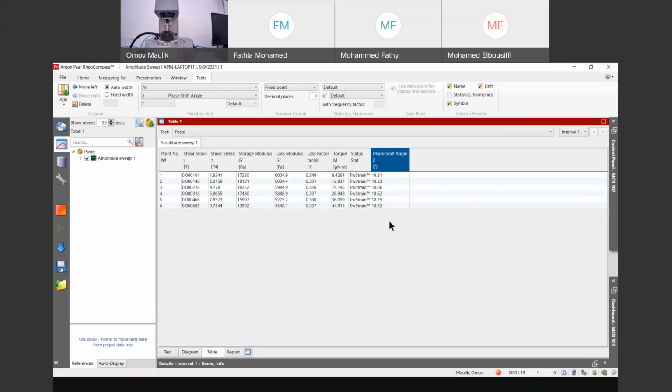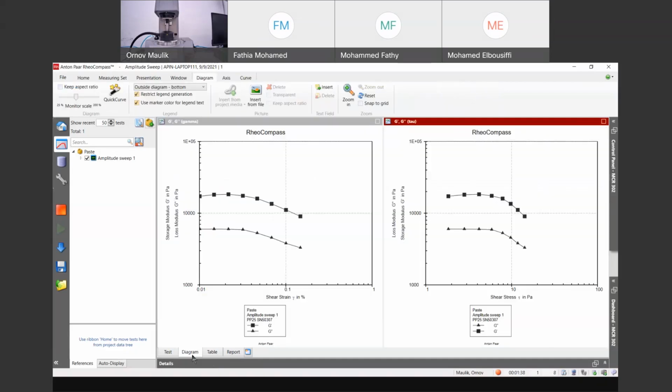If you remember, if the phase shift angle is lesser than 45 degrees, then we can say that the material acts as a solid. Here also it is 18 degrees, which means our paste is acting as a solid.